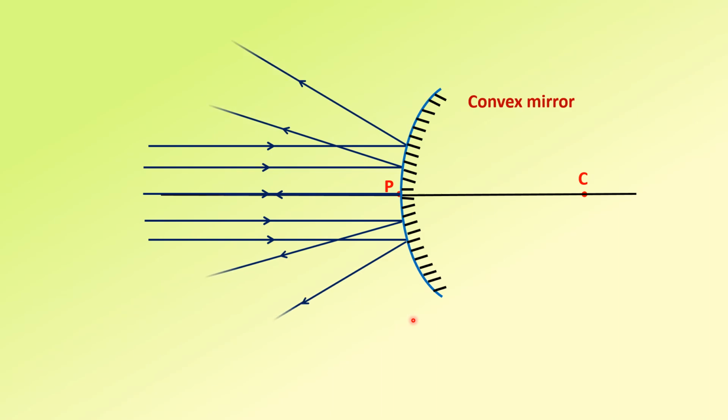After reflection, they appear to be coming from a point here. If you draw the extensions of these reflected rays, they do meet behind the mirror here. So all these rays appear to be coming from this point. So this point is called as the focal point or focus in case of convex mirror.